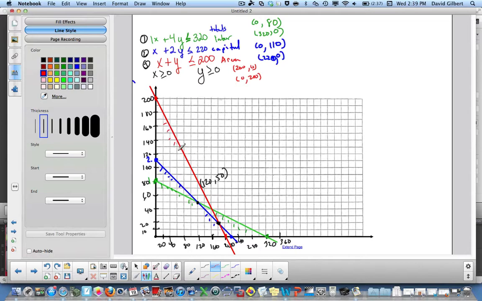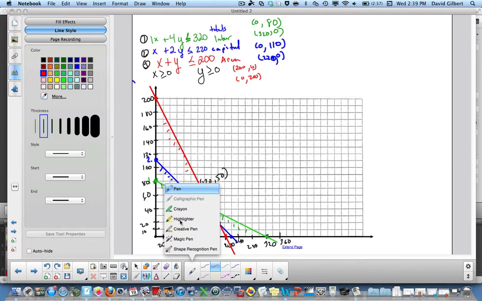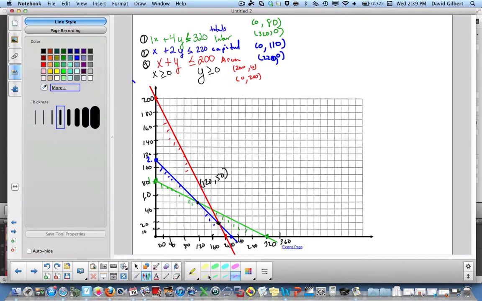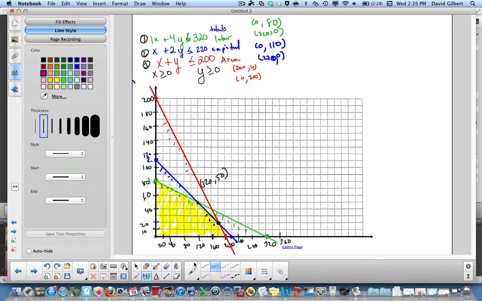It does get shaded inside here, so our feasible region is going to be along here. So this is our feasible region in here. Alright, those are all the possible points. Our vertices of our feasible region are going to be 120, 50. You can find the intersection of these two. It's going to be important later, so I'll just write it now. It is 160, 40.